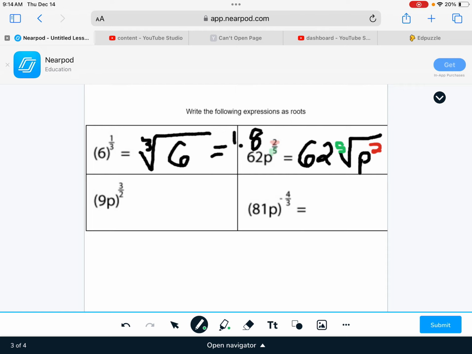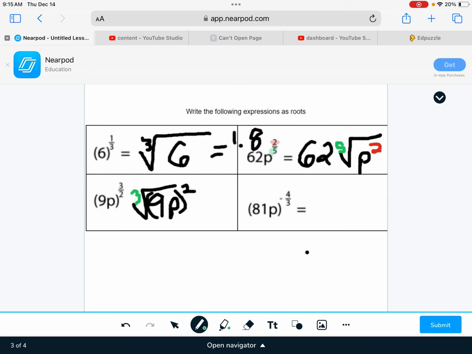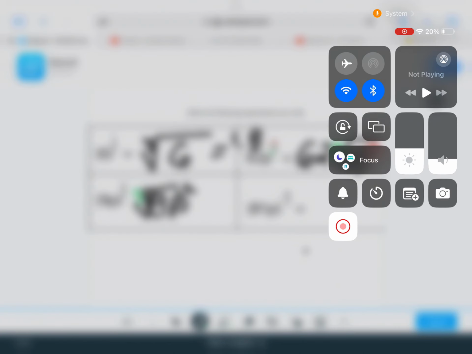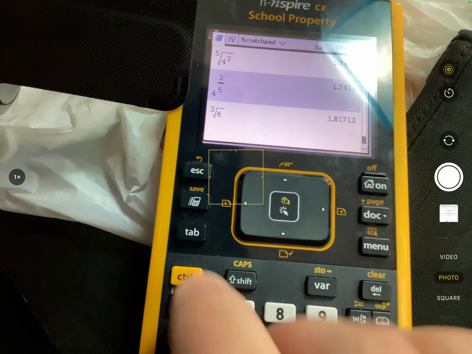The 9p raised to the 3 halves, we're going to rewrite. Since it's in parentheses, the 9p, all of that is going to be squared. And it's going to be, excuse me, not raised, it's going to be third rooted. Now, since that 9 is inside the parentheses, we can try to take it apart. If we go back to our calculator, we can apply the 2 power and the 3 to it.